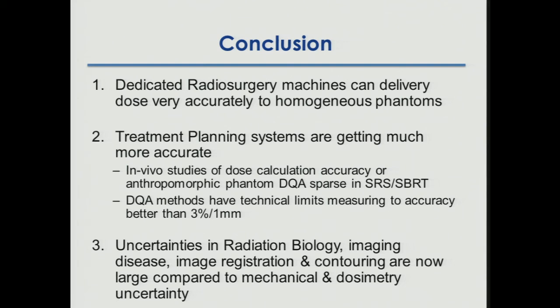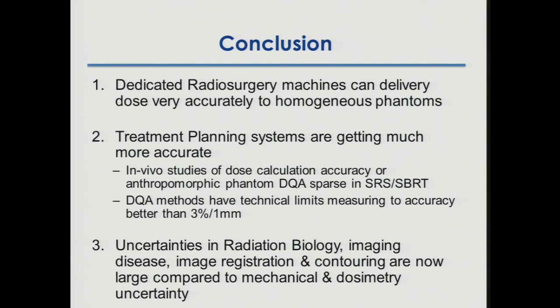What we haven't gotten a good grip on, and I haven't even talked about that, but we should keep it in the back of our minds, is that we still have uncertainties in radiation biology. We still have large uncertainties in imaging where the disease actually is, and that ties back into that contouring uncertainty. I think that's the largest area of improvement to reduce uncertainties. We still have large uncertainties in image registration, especially if we go to deformable registration in the body for SBRT.